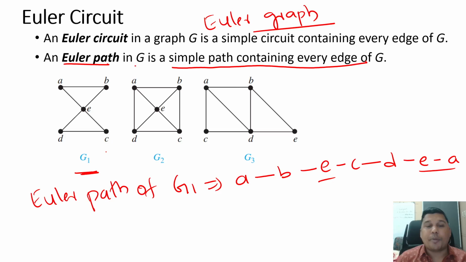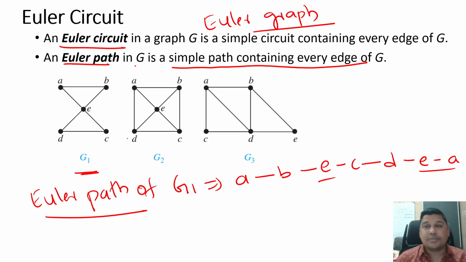Next, on top of Euler path, the next concept which comes is Euler circuit. What is this Euler circuit? In a graph, if there exists a Euler path, only then Euler circuit can exist. So first condition is Euler path exists.